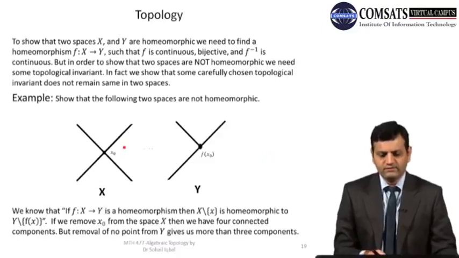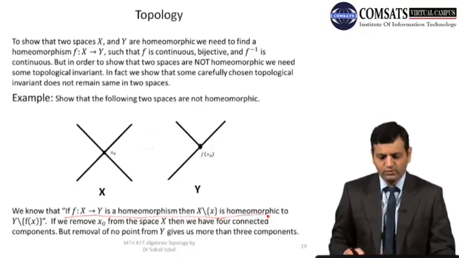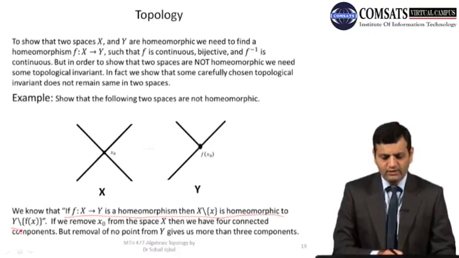For example, suppose I have one topological space which is the shape of this X, and another topological space which is the shape of this Y. Using this result, if f from X to Y is a homeomorphism, then X minus x is homeomorphic to Y minus f of x.